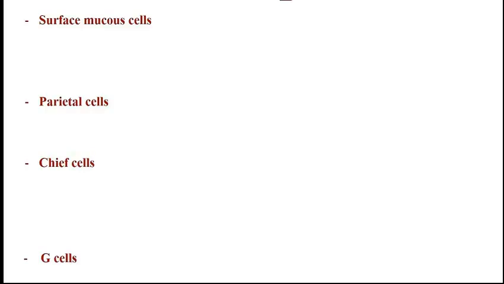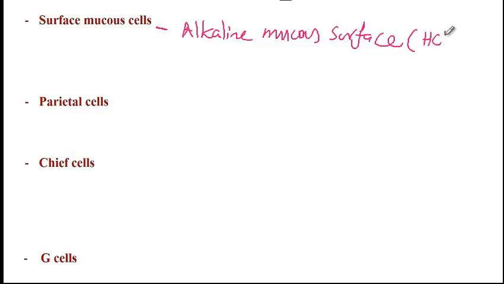The first cell type is the surface mucous cells, the function of which is to produce the alkaline mucous surface. This alkaline mucous layer protects the stomach against HCl and pepsin.